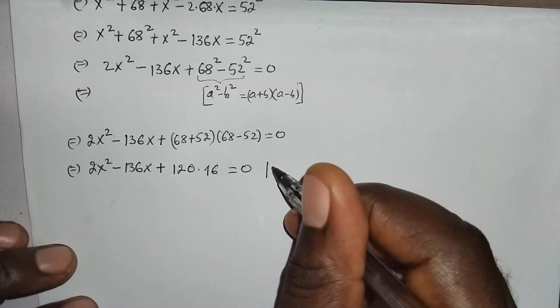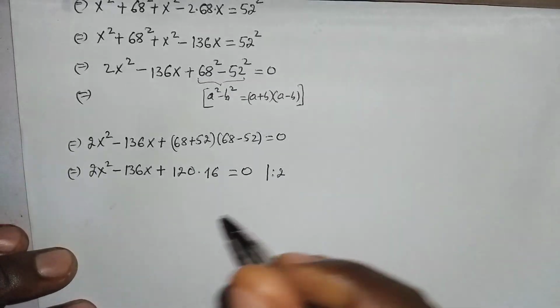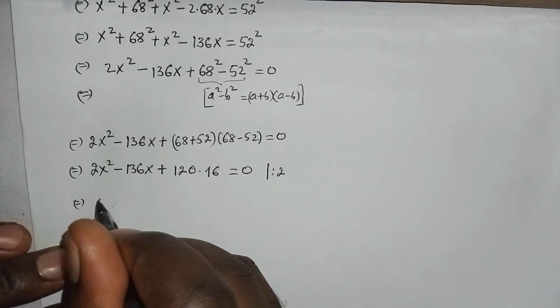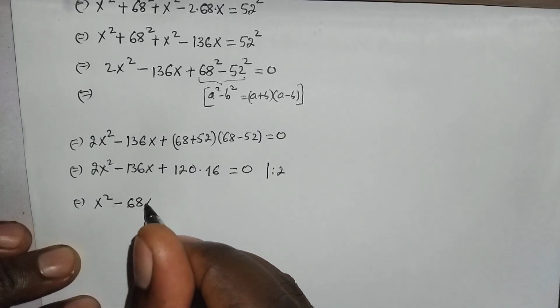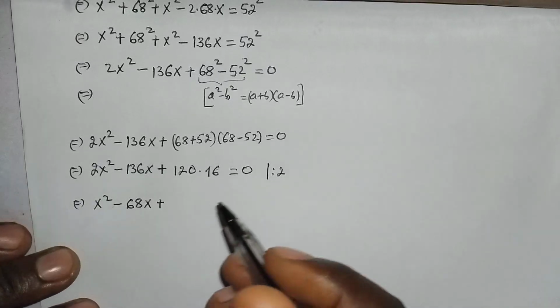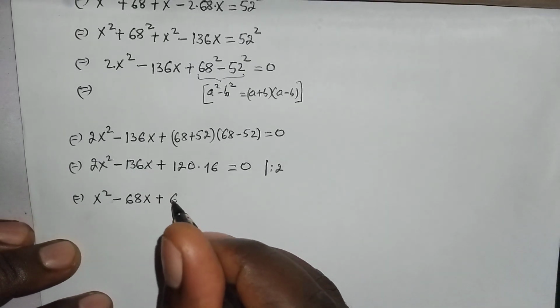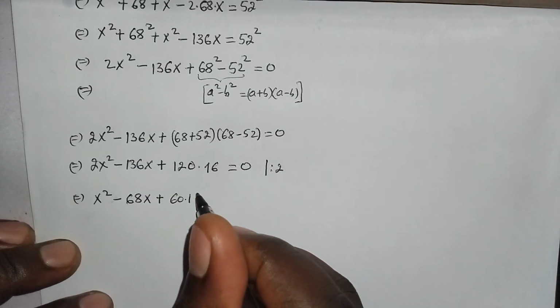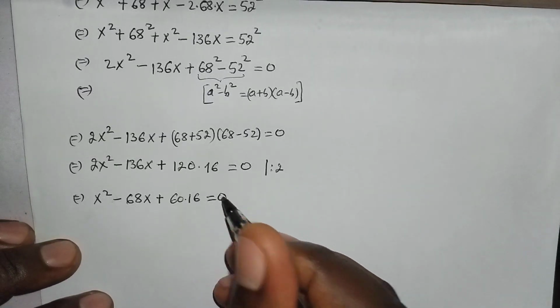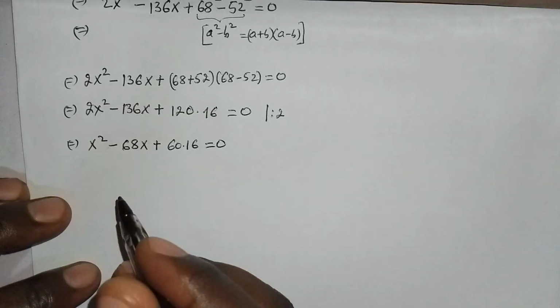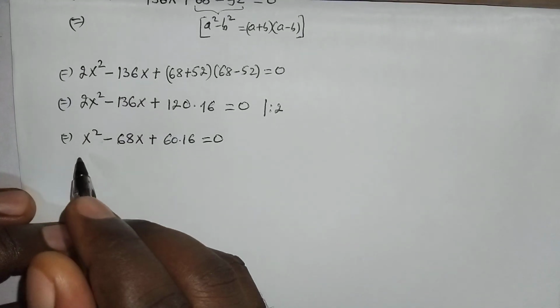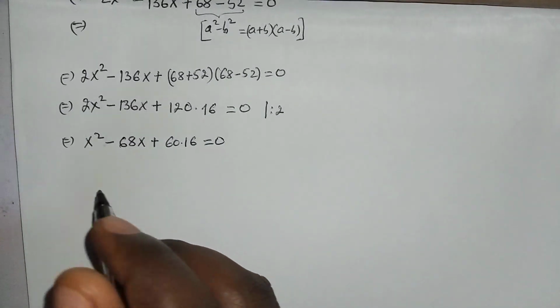So let's divide both sides by 2. So it is x square minus 68x plus 60 times 16, which is equal to 0. So it is a quadratic equation.